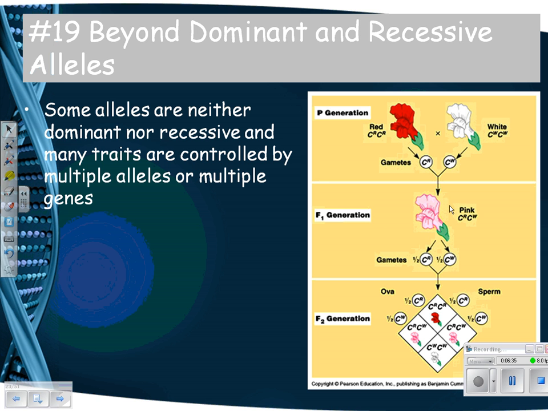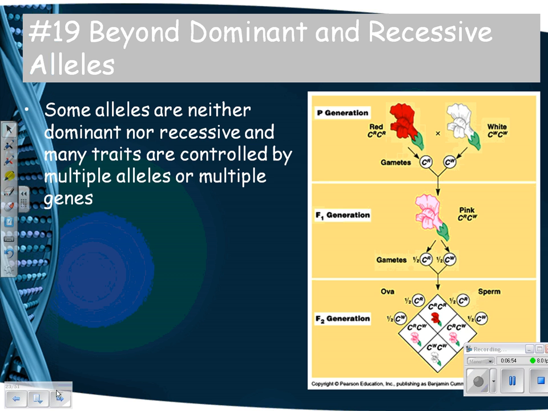But they're not blended the way that they used to think they were, because if you take these offspring from the original cross and put them back together, you end up getting some that are red, some that are pink, and some that are white. So it's not a true blending.